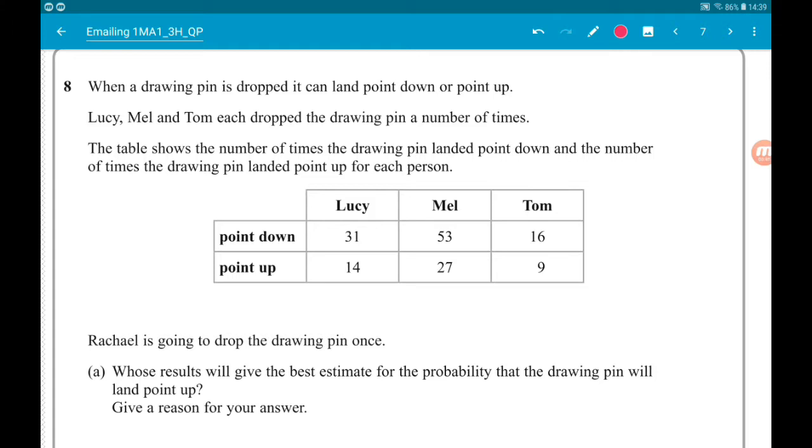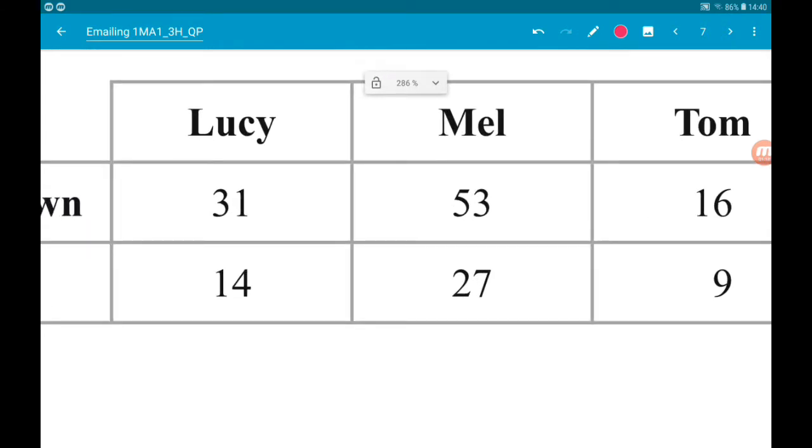Okay, so when you carry out a trial a number of times, you can get what is called the relative frequency, which is the number of times a certain outcome happens out of the total number of times the trial was done. The relative frequency can be used as an estimate for the probability, and it gets more and more accurate the greater number of times you do the trial. So what we need to do is work out how many times each person dropped the pin.